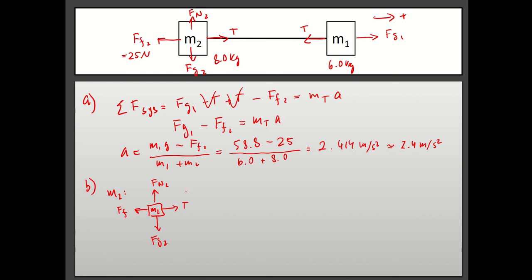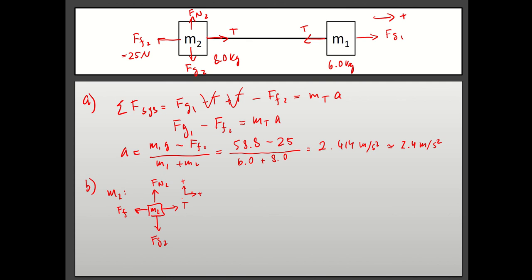So again, positive is this way because we already picked it. And like I said before, this question could be one step extra if you, for example, weren't given the force of friction directly, you were just given the coefficient of friction. So you had to calculate that separately before you can actually plug it in.